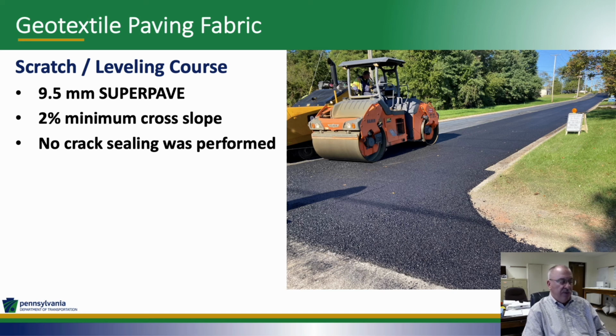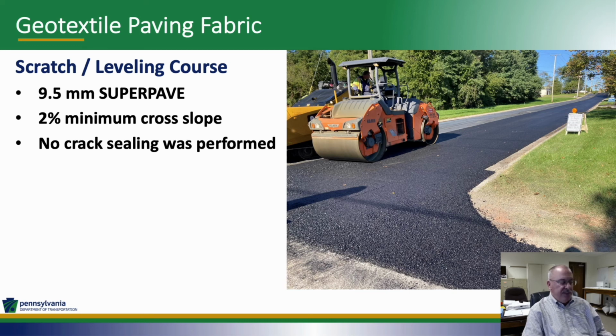Cracks that were greater than 1/4 inch are to be sealed as per PennDOT spec. And another thing to keep in mind, you need to allow any crack filling material to cure before placement of the geotextile paving fabric. In addition, any potholes and other pavement distresses must be repaired as specified in section 450 of the PennDOT 408.